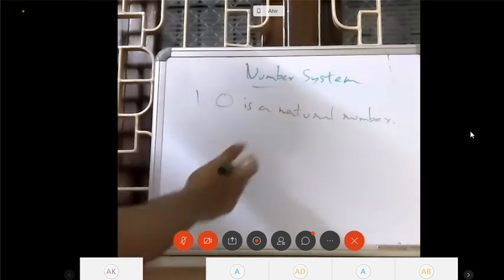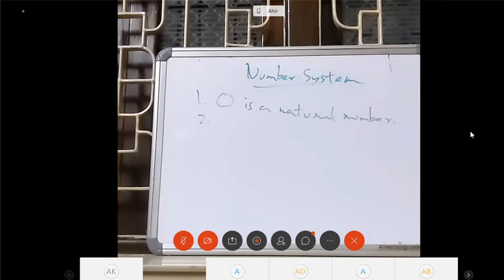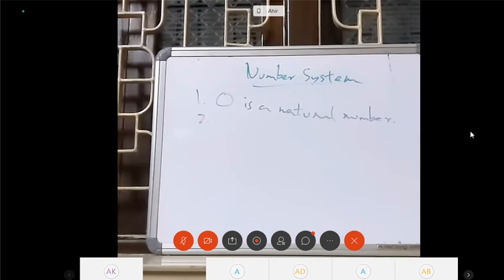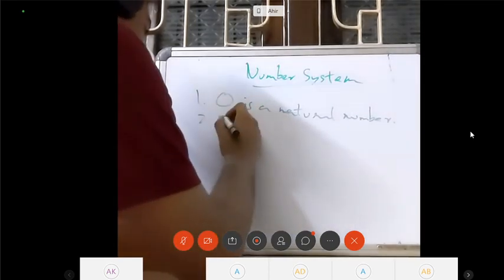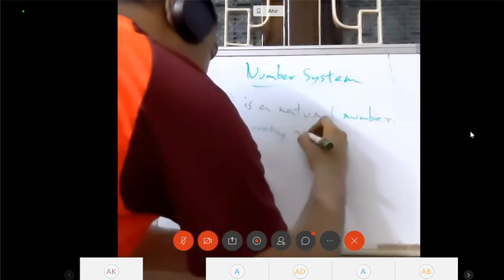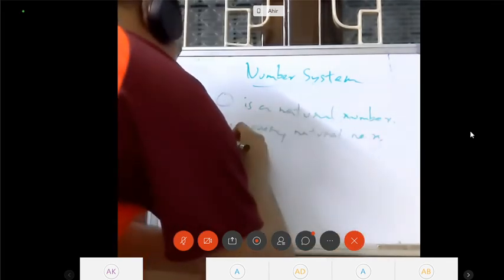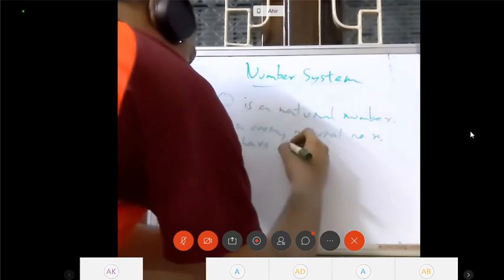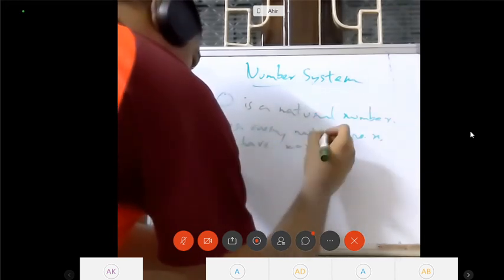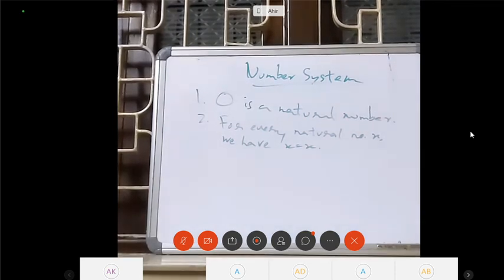Now, equality. This is an equality relation. For every natural number x, we have x equals x, and we call this reflexive. So equality is reflexive.